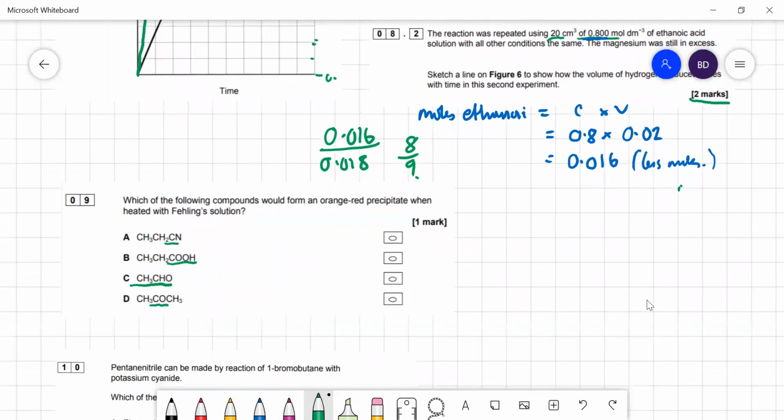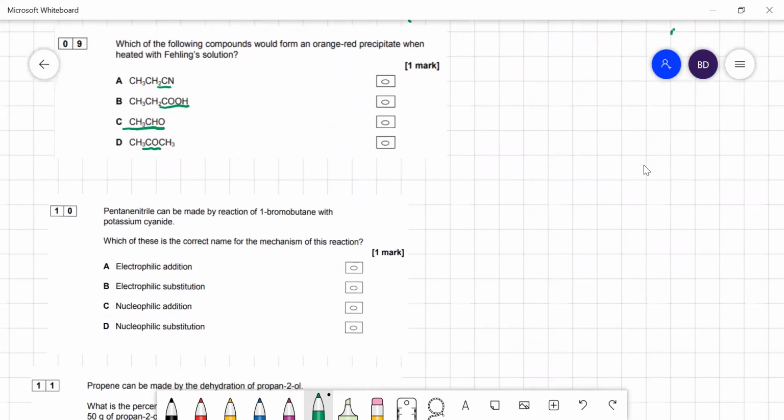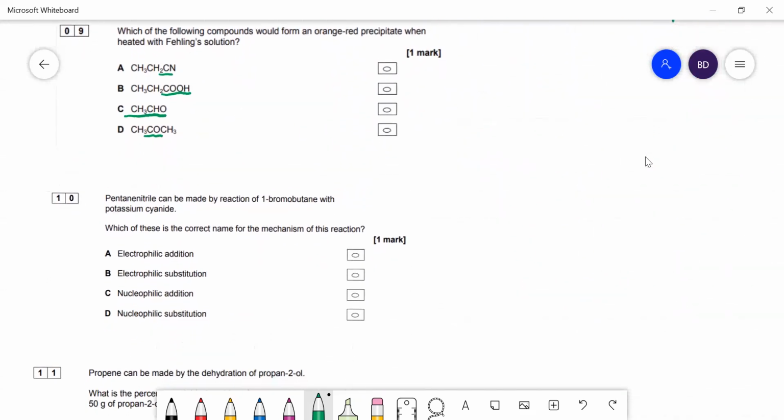Fairly straightforward question. Pentane nitrile can be made from 1-bromobutane with potassium cyanide. Okay, so let's just draw how that would be made. So 1-bromobutane is that, and you're going to turn it into that.